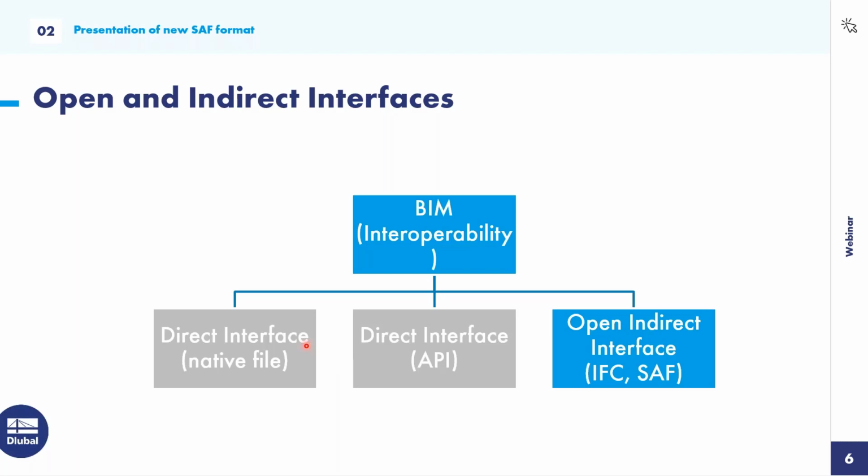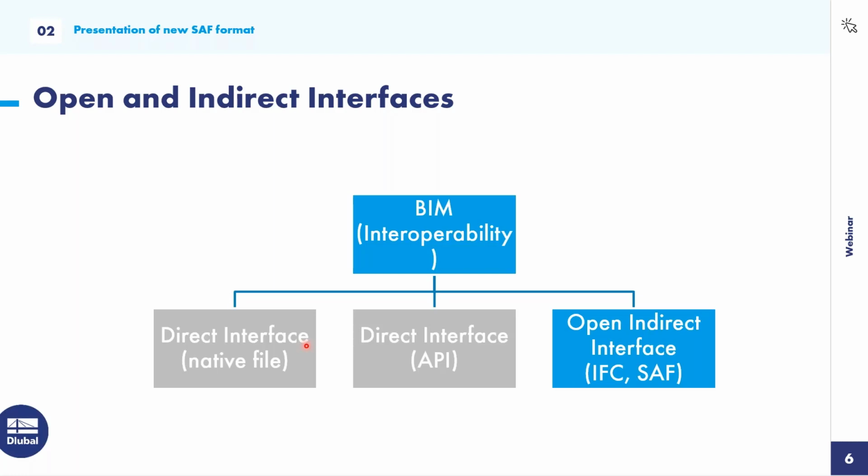This works pretty well, but some engineers who don't have these applications can't participate in that BIM process. Working with direct interfaces is called closed BIM. So you need these software applications. It's mandatory to attend this BIM process. Now with open BIM, so with IFC formats and also SAF formats, you can work with almost every software.